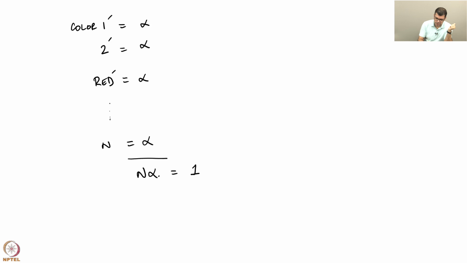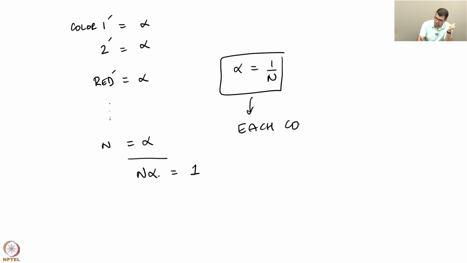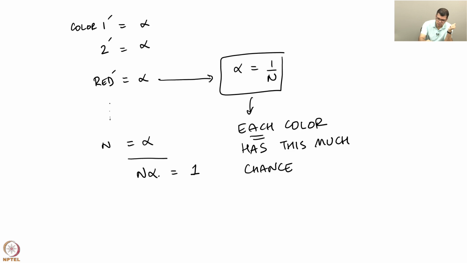So, n alpha has to be 1, which means alpha is equal to 1 upon n, which means each color has the same chance of taking over. Each color has this much chance of taking over. And since we are saying each color, red's chance is also alpha, which is 1 upon n, and that is the answer.